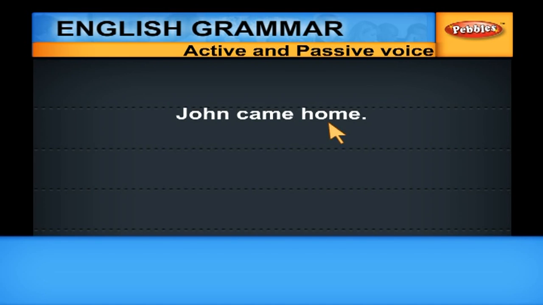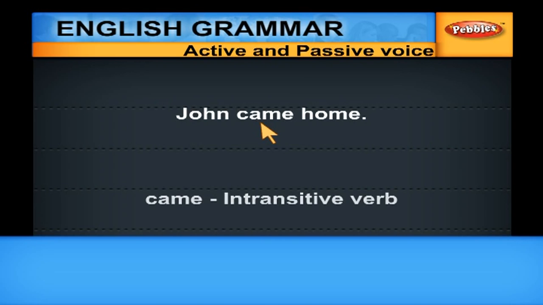Home tells you where did John go or where did John come. Home is an adverb. It is not an object. So, came here does not take an object. It is not a transitive verb. So, therefore, it is an intransitive verb.